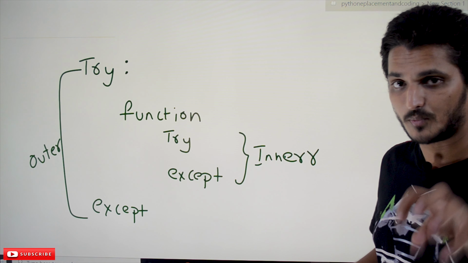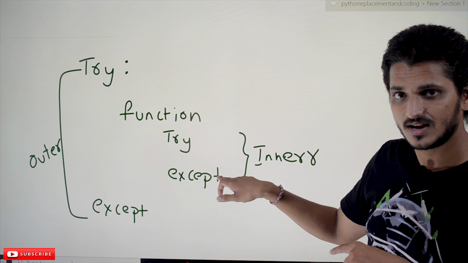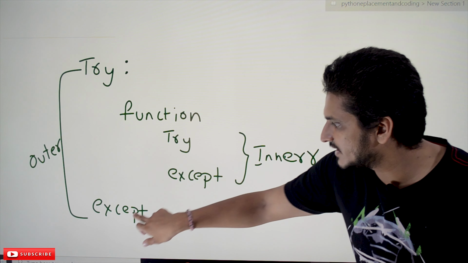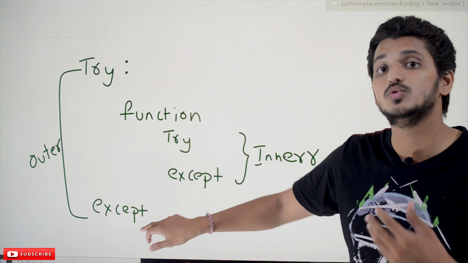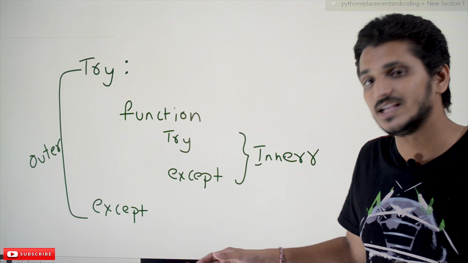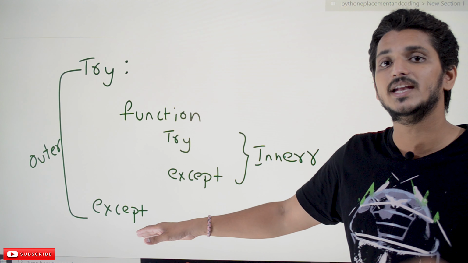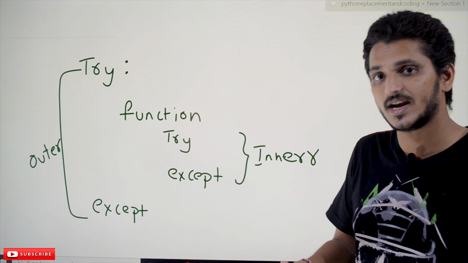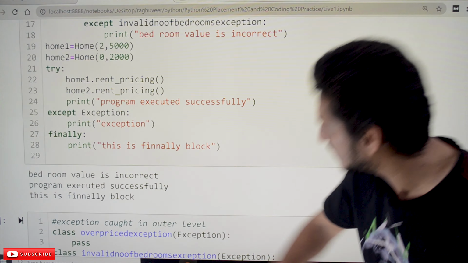The point you have to understand is that if the exception is not caught in the inner level, it will try to catch the exception in the outer level. So you can catch the exception at the inner level or at the outer level. You can write it anywhere. Let's understand deeper by taking a few more examples of this concept.